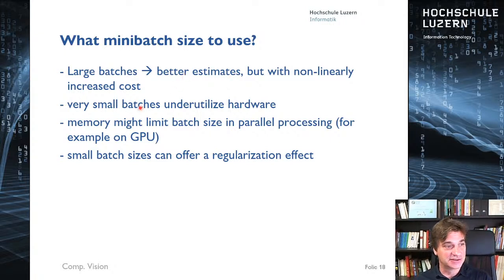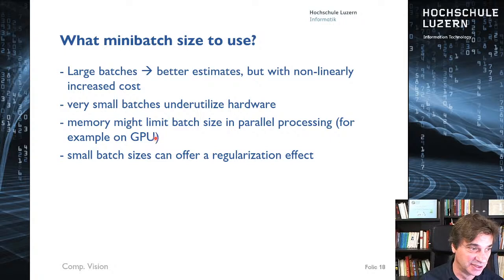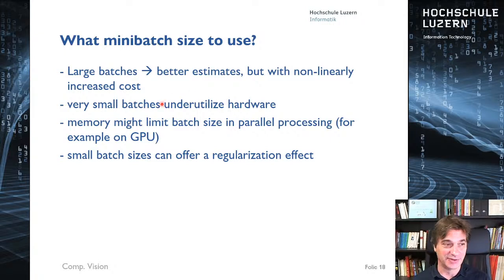If you have very small batches, then you might not utilize your hardware enough. So for example, if you train on a GPU, you would like to have as large batches as possible because the increase in computation time for a little bit larger batch is not very large. It all runs in parallel. So if you have 10 tasks in parallel or 20 tasks in parallel, it's the same time. So you would like to make the batches as large as possible to use the hardware.